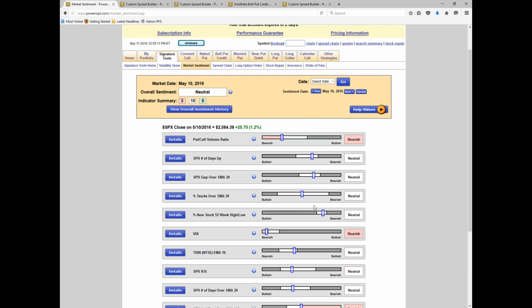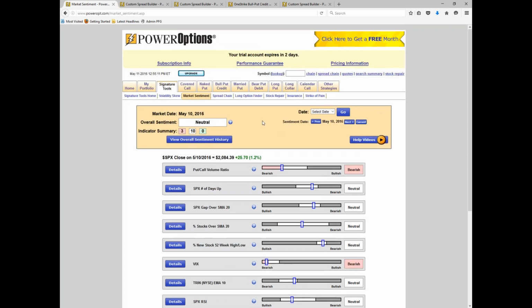If two more indicators go bearish today, you'll see a sell warning here. It'll turn to red where it says neutral, and we'll see a sell warning there. And of course, at that time, I might be looking to do bear call credits. With a slightly bearish trend right now, I may look to do iron condors, but set up my iron condors where the bull puts are further out of the money than the bear calls if I have that bearish sentiment as well.